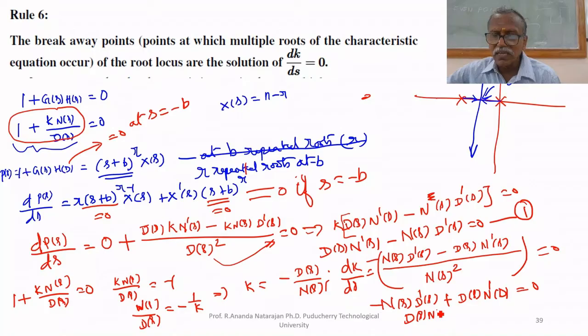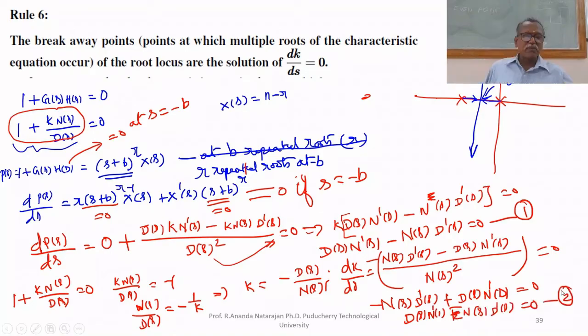We got the same. 1 and 2 are same. So even if you find dp by ds or dk by ds, both give the same result. Therefore, to find the repeated roots, we can find dk by ds and equate to 0.